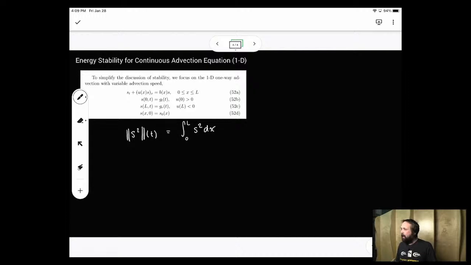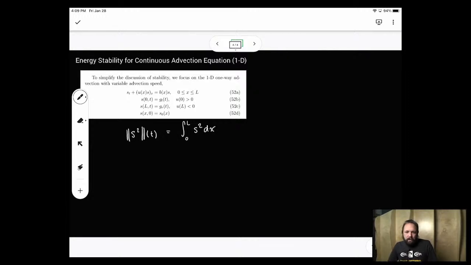We want to know how that quantity evolves over time, because if I can show that that's finite, the solution is square integrable, and I've got a well-posed problem. And of course, now I know the continuous equations I'm starting from are well posed. When I discretize, I want to make sure the discrete system is well posed. And as long as I can keep that property in my discrete system, I've got a provably stable numerical method. Okay.